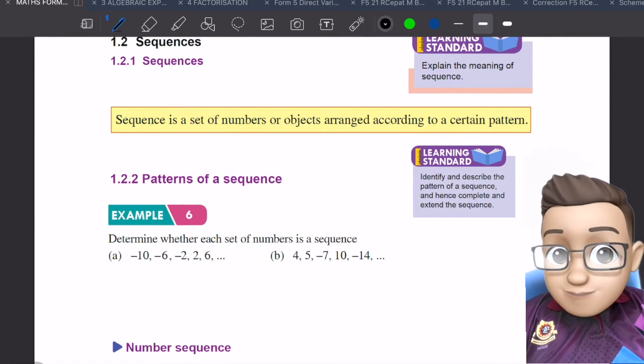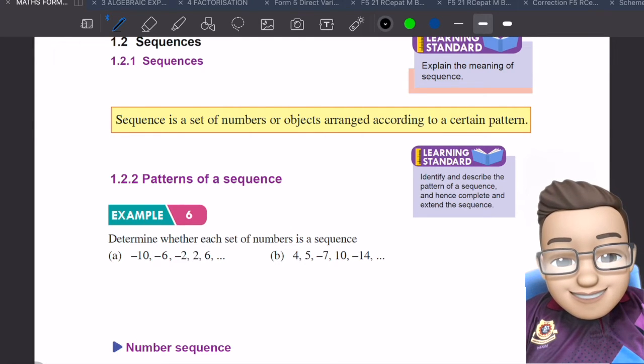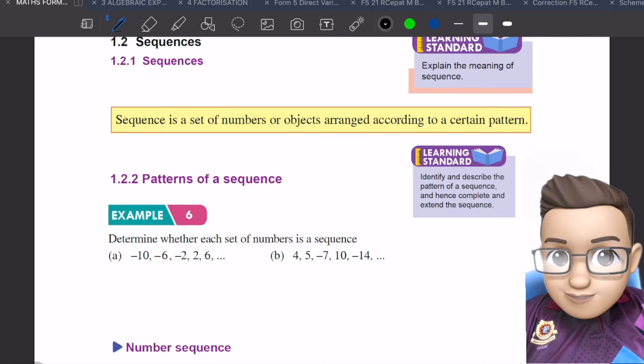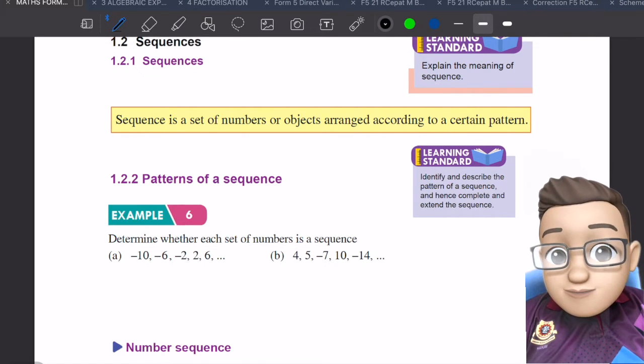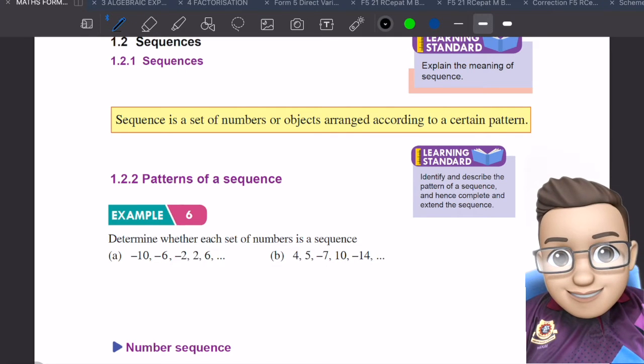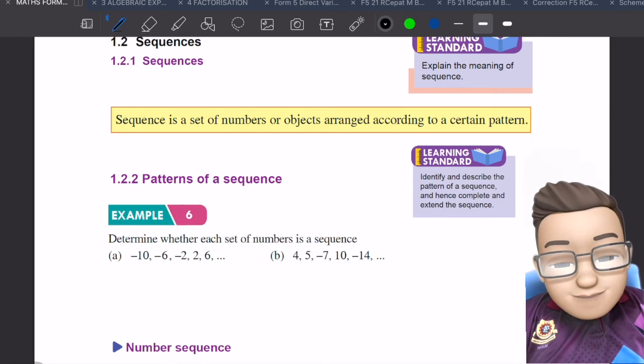The first example: determine whether each set of numbers is a sequence. You are given a set of numbers, and it is your job to determine whether it is a sequence or not. Look at the first one.